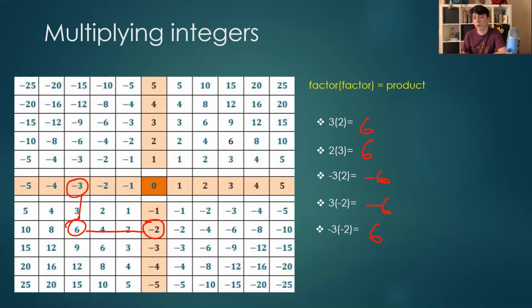So we're always going to get a positive answer whenever we have two positives multiplied together, or when we have two negatives multiplied together. But when the signs don't match, then we're going to get a negative answer. Okay, so if you need to write down those examples, you can pause and just continue when you're ready.